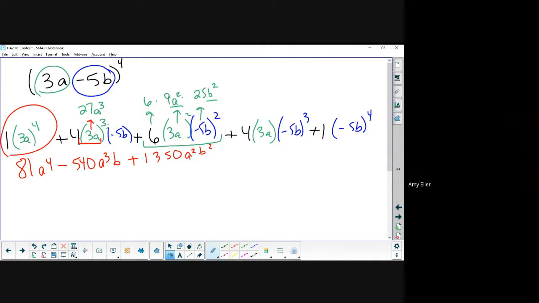So I just like to simplify above. So the 4 doesn't simplify, the 3a doesn't simplify, but negative 5b all to the third simplifies, or can be rewritten as negative 125 b to the third.